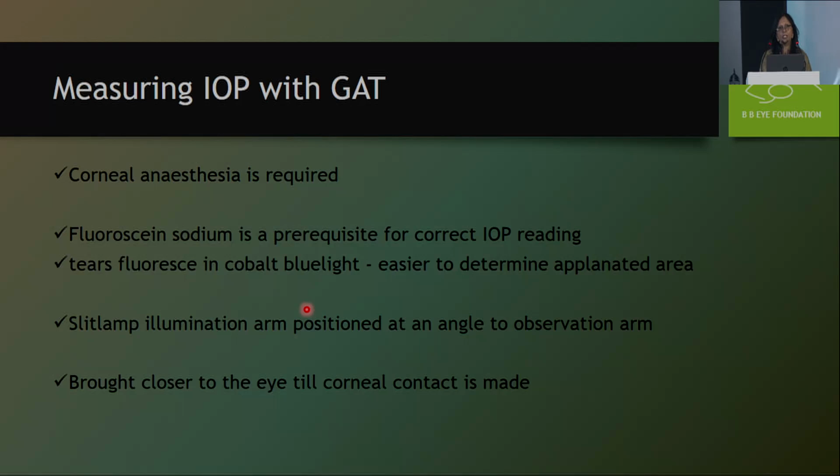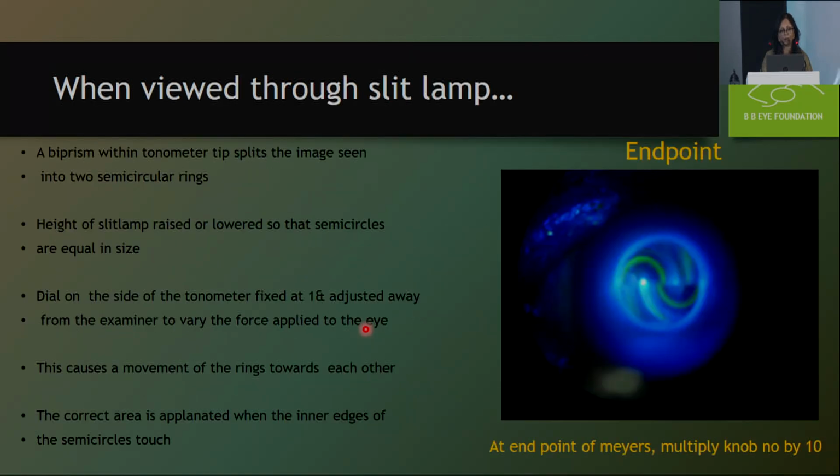Measuring the intraocular pressure with the Goldmann applanation tonometer, I'm sure you're aware of it in your clinics. You anesthetize the cornea. Fluorescein sodium is a prerequisite, remember that, because that only gives you the correct mires with which you can measure the intraocular pressure. With slit lamp illumination, the arm is positioned at an angle to the observation arm and brought closer to the eye till corneal contact is made.